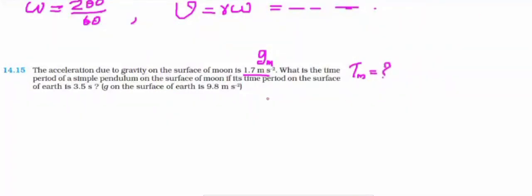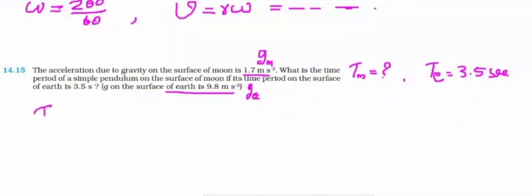Its time period on the surface of Earth is T, 3.5 seconds, and g on Earth is 9.8 meter per second square. These are the quantities given, and Tm you have to calculate.